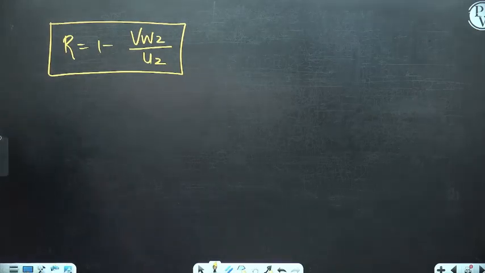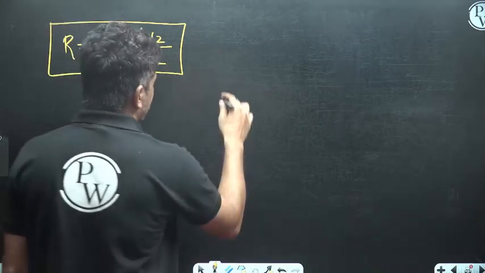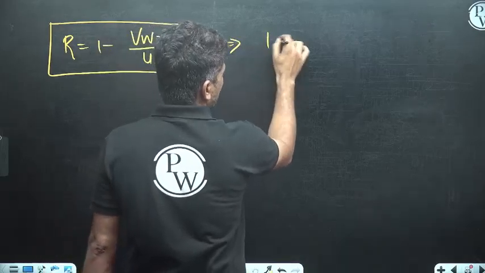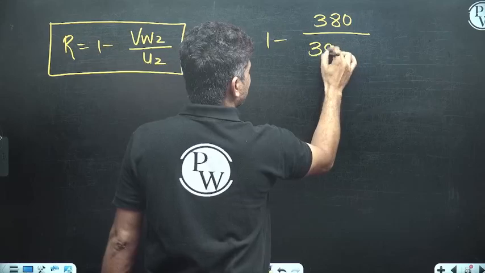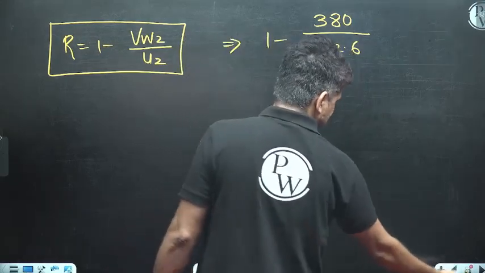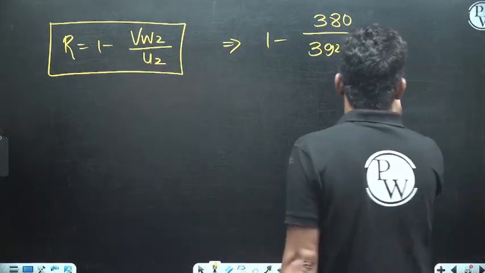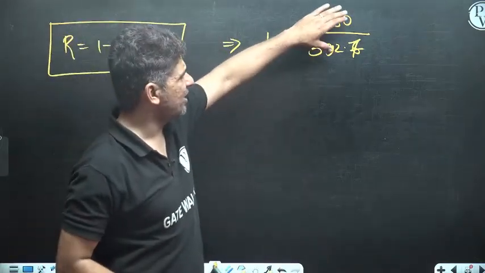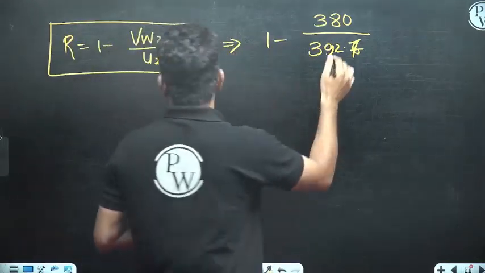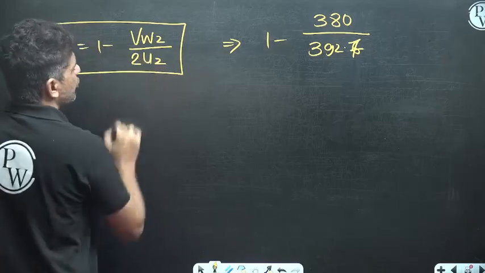In this question he has already given you, so degree of reaction will be 1 minus VW2, given as 380, divided by 2 times 392.7. We will calculate this value.